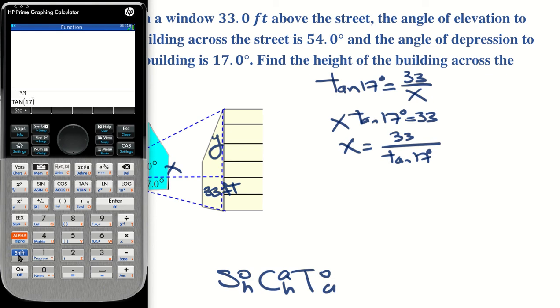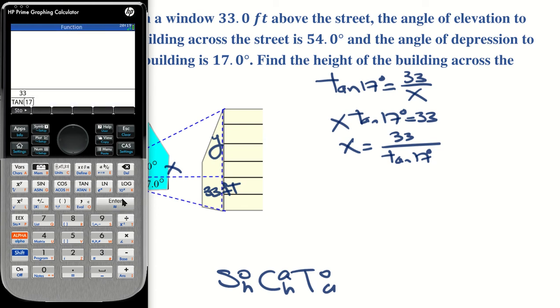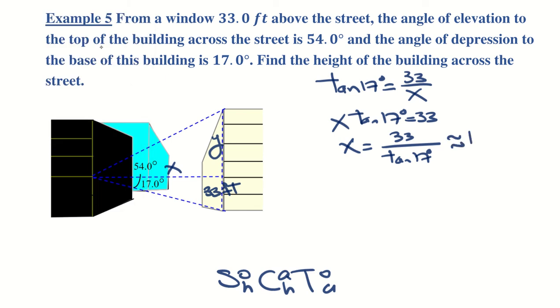Just real quickly, I will make sure. Yes, we're in degrees still, so we should be fine. So we end up with 107.9, etc. We'll just round this to 108. So x is approximately 108.